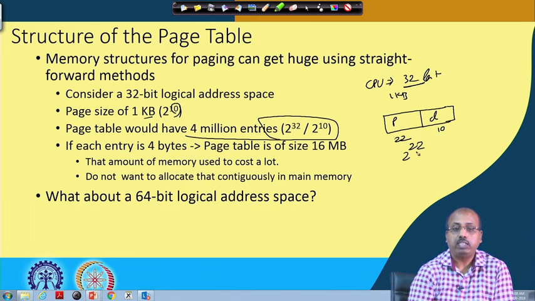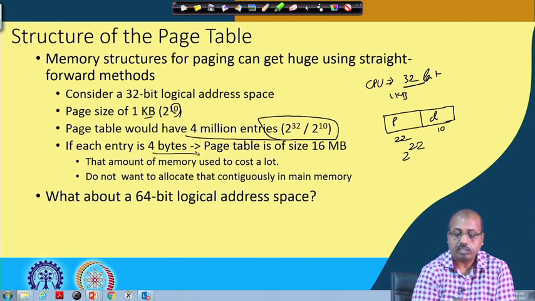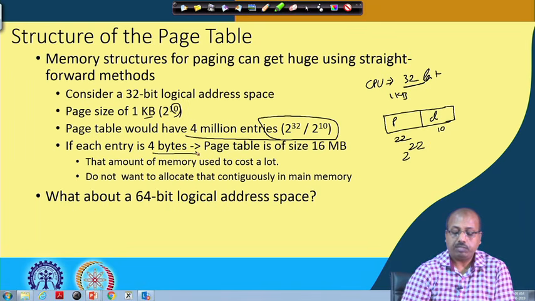That is a huge number of entries, and if each entry requires 4 bytes of space, then the page table itself will be 16 megabytes. That is a huge amount of memory, which costs a lot, and it is very likely that processes will not use that much memory. So, how do we solve this problem? We do not want to allocate the page table contiguously in main memory.